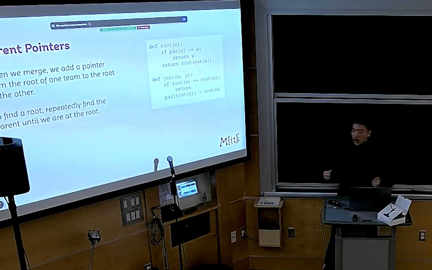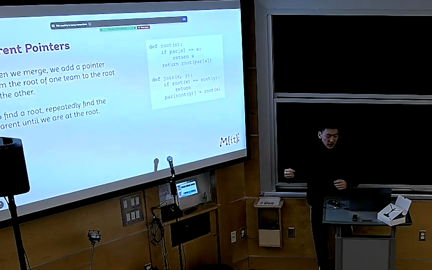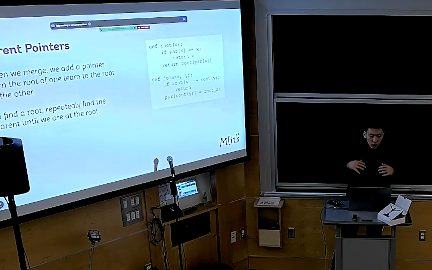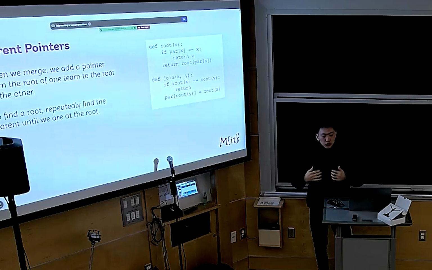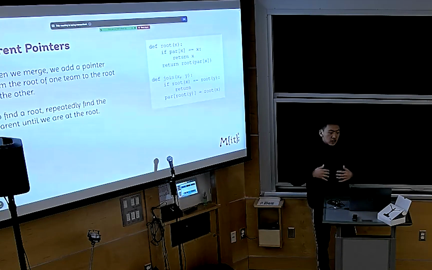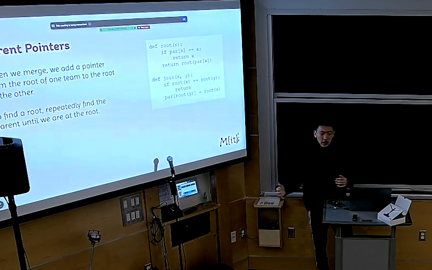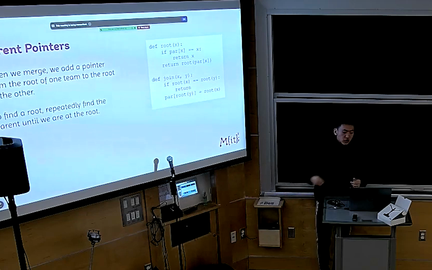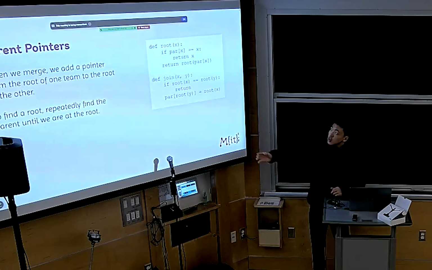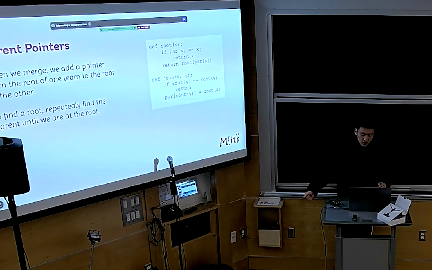As we keep going along the chain, say I'm node X, the root of node X must be the same as the root of the parent of node X. And so we can recursively use this function to calculate what the root of that node is.